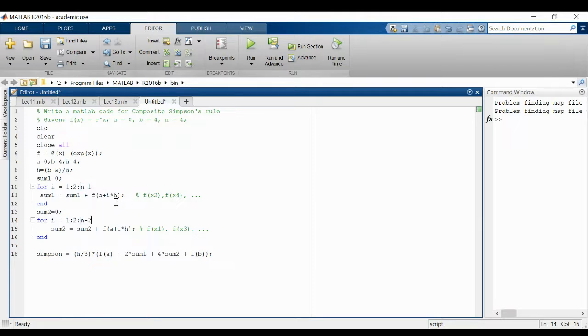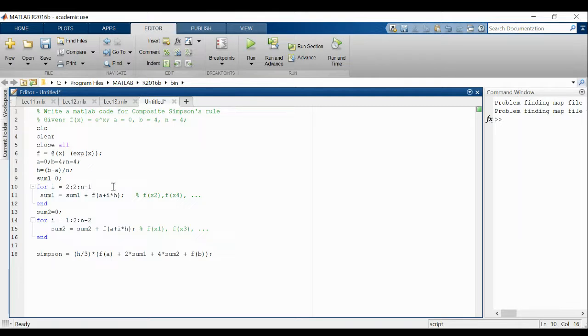What I mean is, if I put a plus h, it should actually start from 2. Do you agree with my statement?